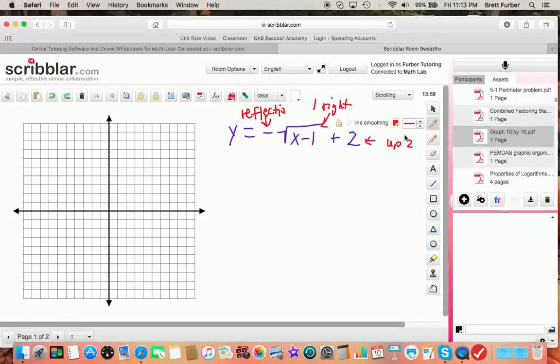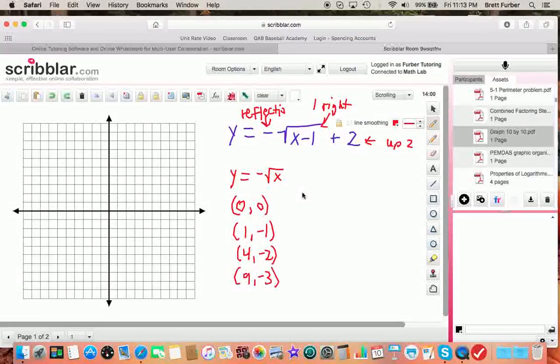But again, it's going to be easiest for me to do the reflection first. And again, remember the reflection keeps the point 0, 0, but then for all the other points, the y value becomes negative. Okay? So let's start with those points, and then we'll shift them 1 to the right and up 2.